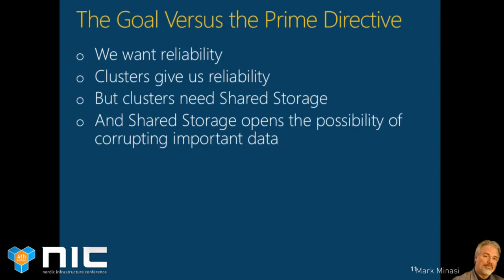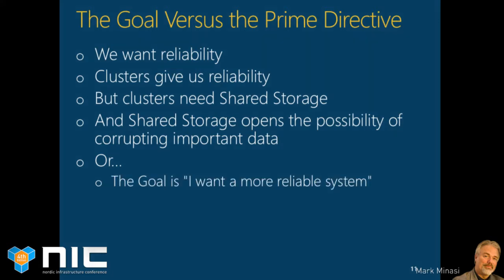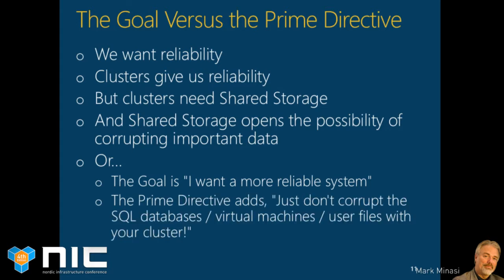The goal is I want more reliable Hyper-V, more reliable file server, whatever. But the prime directive says, don't toast my data. Don't destroy my data. Our goal is always, how do we get higher reliability, more nodes, better software, more networking hardware, whatever. The prime directive says, but be absolutely sure you don't corrupt anything.